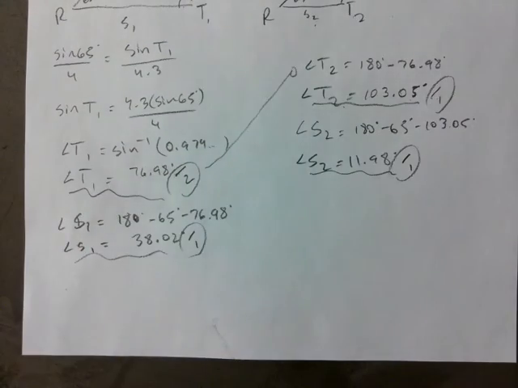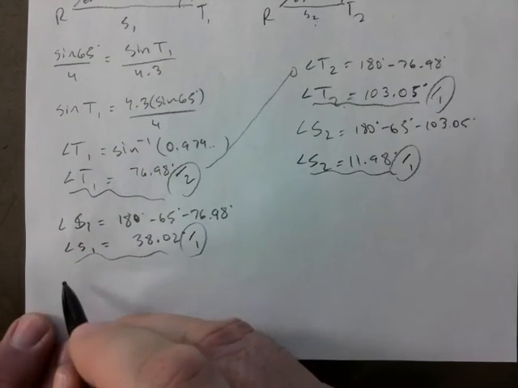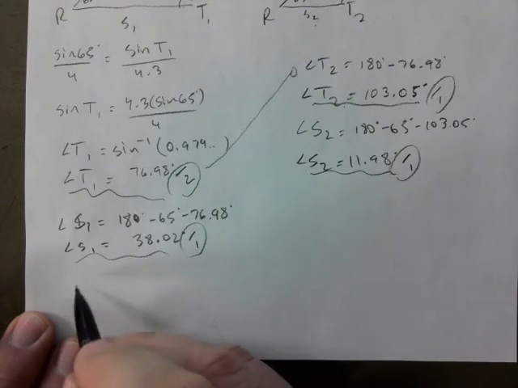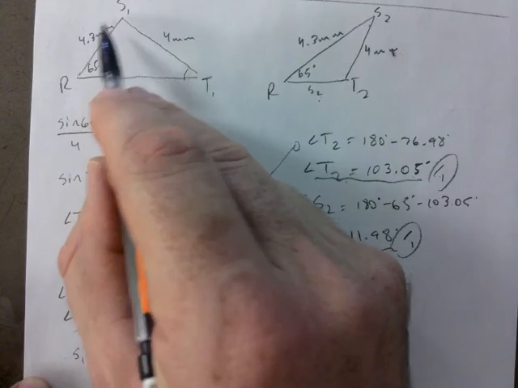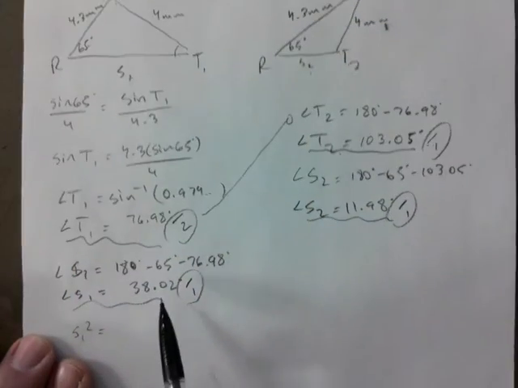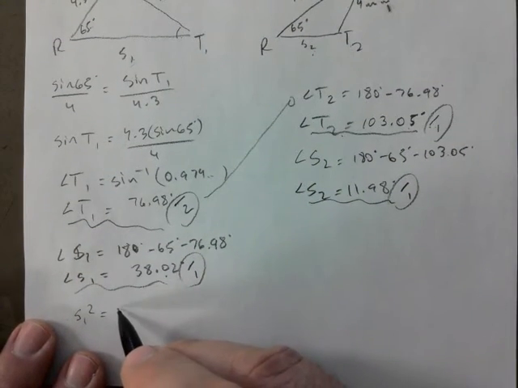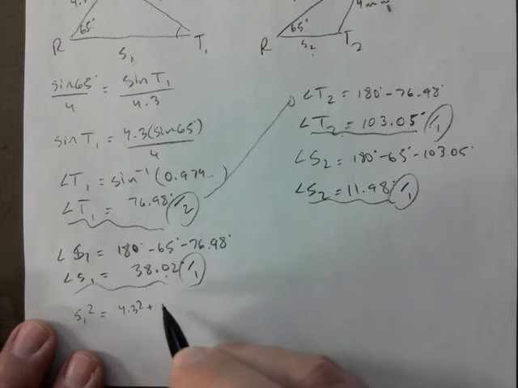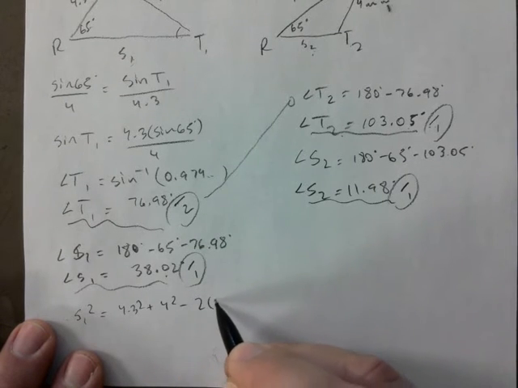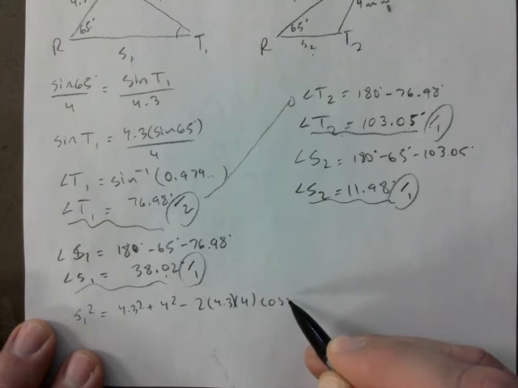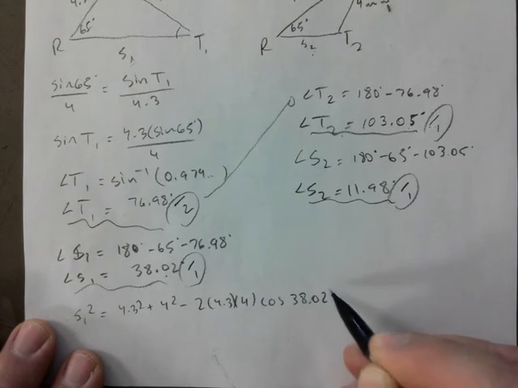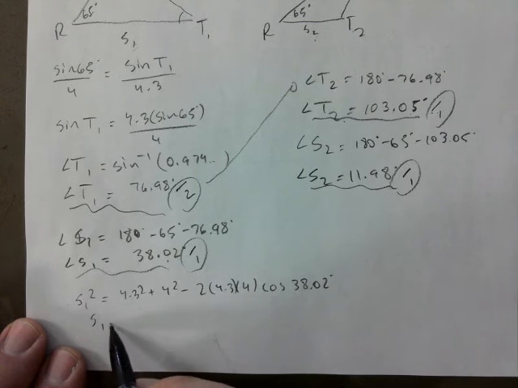So you can stay with sine law, but I'm switching over here. So to find S1, this side here, I'm just going to go SAS. I'm going to use this angle that I just found to help me out. So that's 4.3 squared plus 4 squared minus, and the rest is, you know how to use cosine law, hopefully.